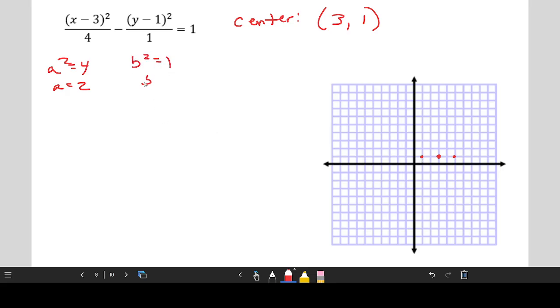B squared is 1, so B is 1. So the edges of the rectangle are going to be 1 unit above and 1 unit below the center. So the bottom edge of the rectangle is the x-axis there.